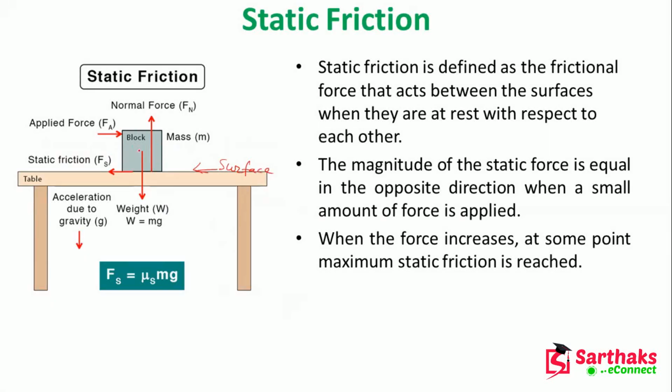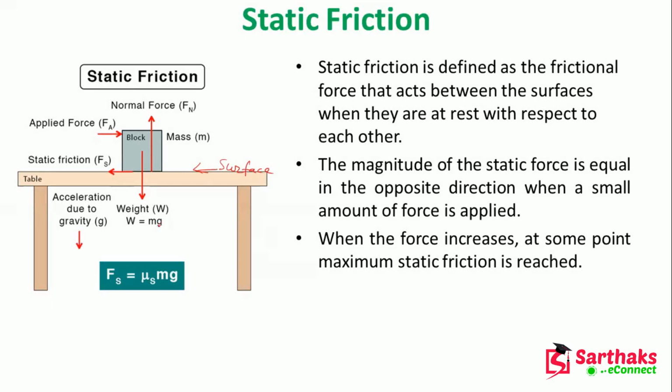So here you can see that the mass of the object, that is the mass of the block, is m. Okay. And whenever you are keeping one block on the table, at that time some gravitational acceleration will be there, that is g.